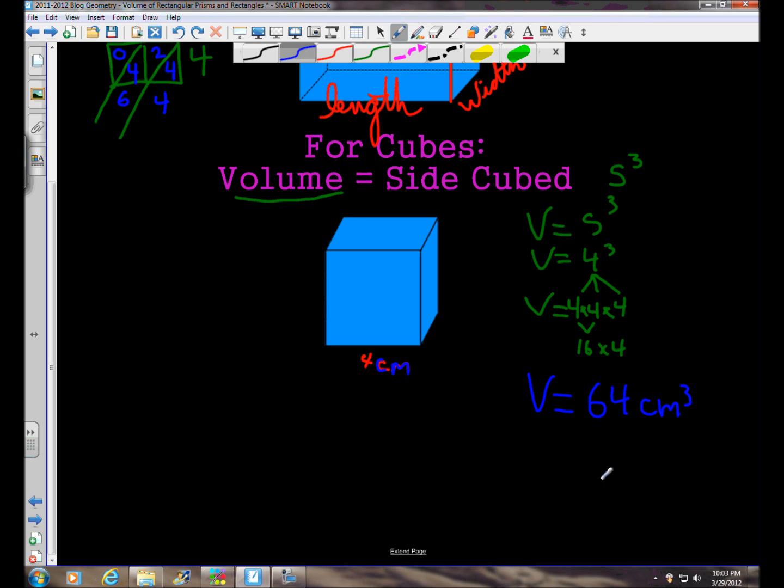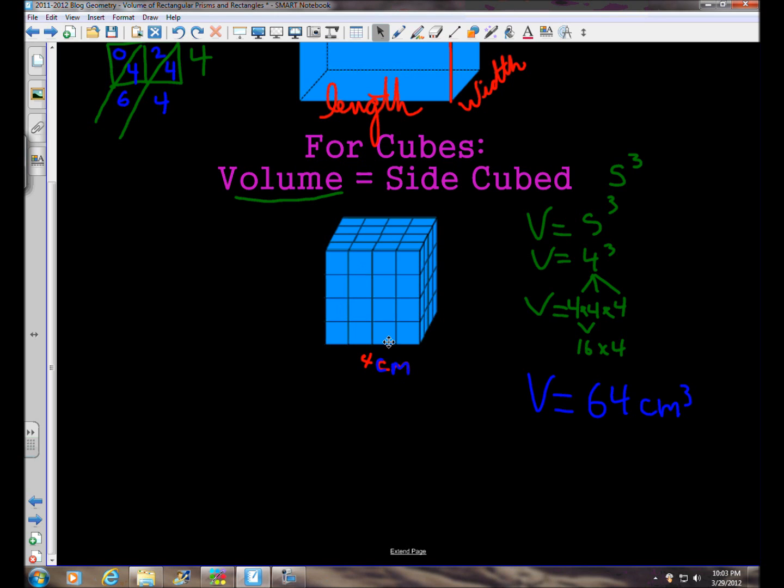You could say it either way, it means the same thing. So our capacity for this cubic container would be 64 little centimeter cubes. And if you can imagine here, we've got a centimeter cube. Each edge would be 1 centimeter in length, and it would take 64 of these to fill this cubic container.